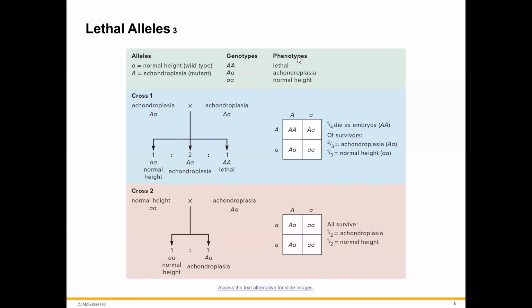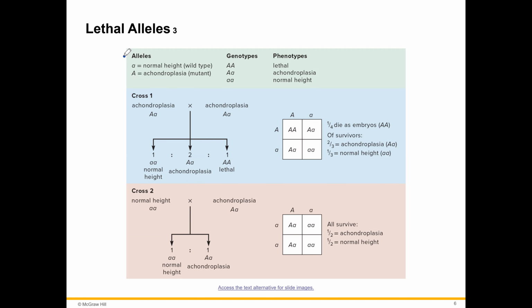Here we're going to use little a as the normal height allele. So this is wild type, meaning most common in the population. And big A is achondroplasia. That's the mutant gene. So the gene that has a mutation, which we abbreviate capital A, is translated into protein that will inhibit growth of arms and legs.